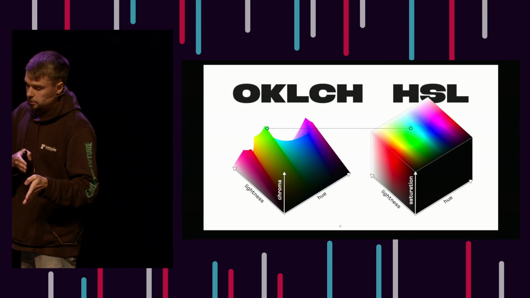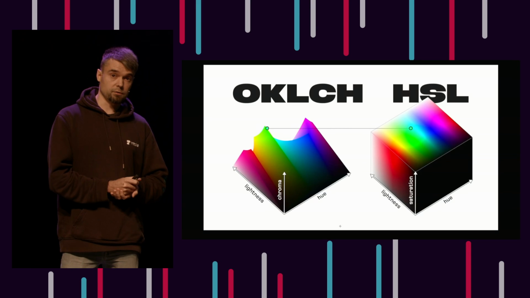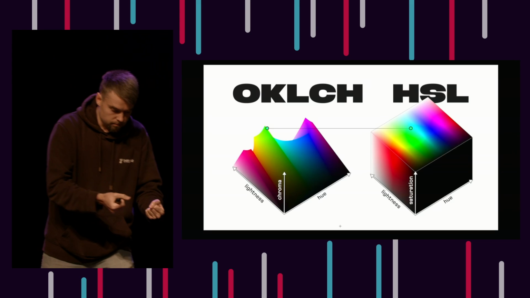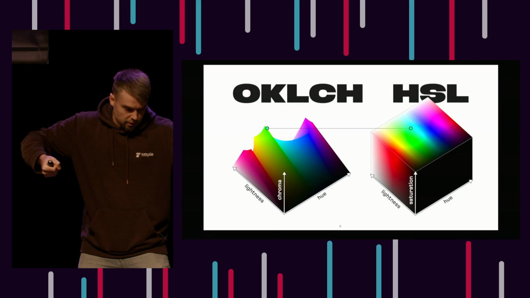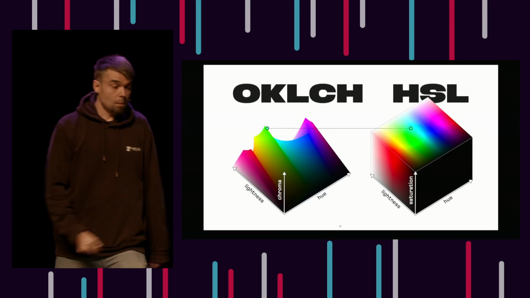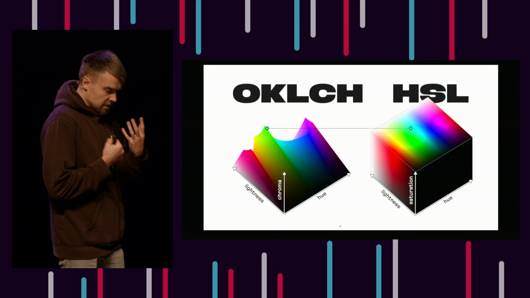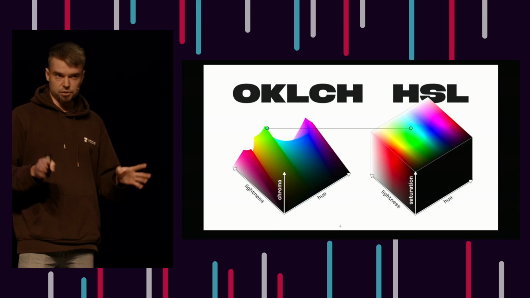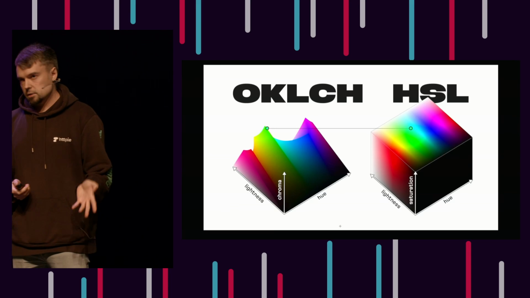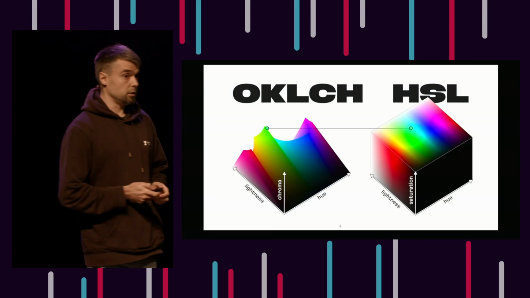OKLCH distributes colors inside its spectrum according to observed features of colors, instead of stretching up the colors and filling the cube. But don't be confused by the form of OKLCH. It doesn't mean that OKLCH is a kind of truncated version of HSL. OKLCH contains all the colors that you can find inside the HSL cube.